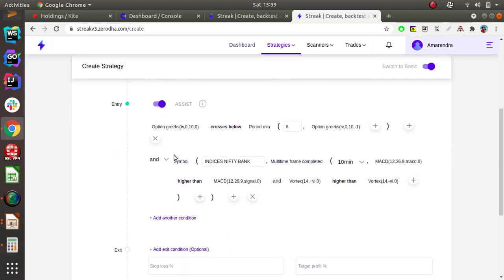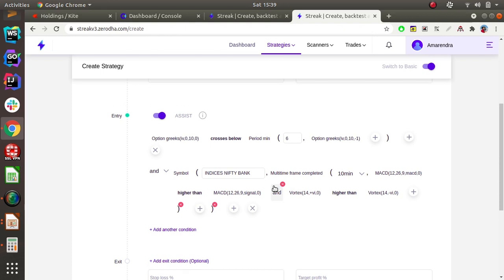So here the positive trend is going on in the market in the 10 minutes time frame, but we don't know when to make an entry. So we are going to use the Greeks: whenever the IV has been reduced from the last 6 candles.